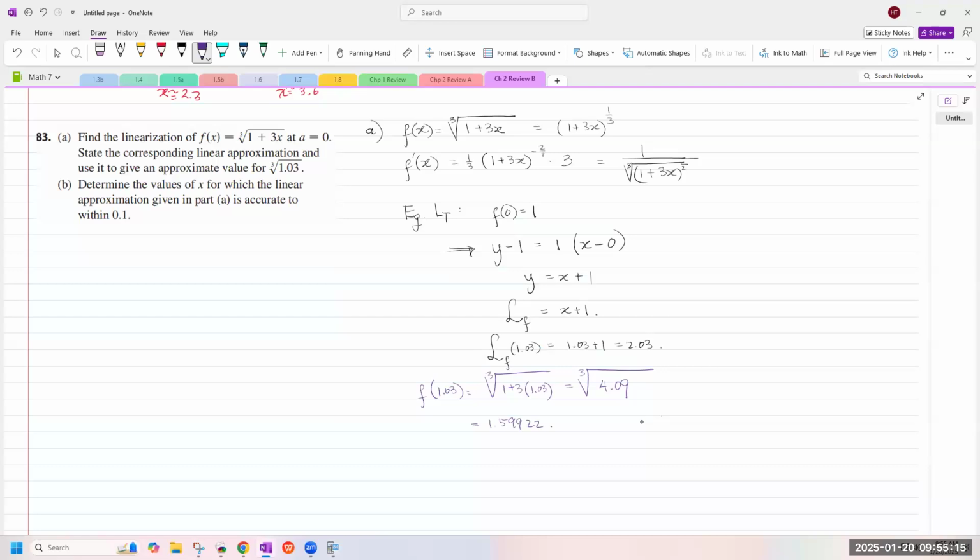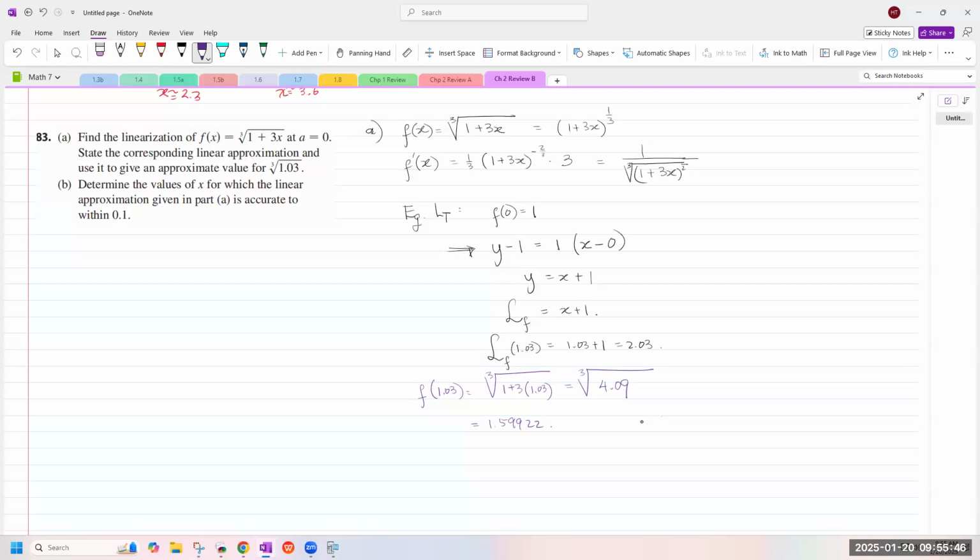Did I make anything wrong? Oh, I'm sorry. No, I don't replace this by 1.03. What am I doing? So that's my x.